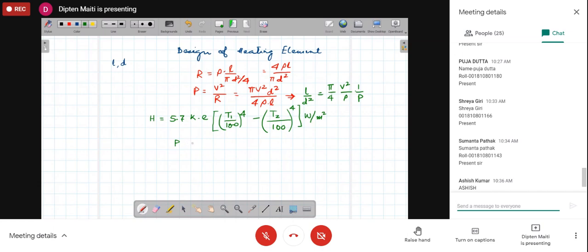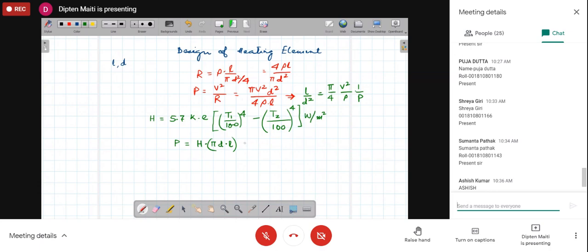So that means we have P equals H into the surface area, because here we are considering that to be a cylinder. So the surface area would be pi r or pi d into the length. So this is the total surface area of the cylinder. So this much amount of heat would be radiated, and that must be equal to the power generated by the resistance.